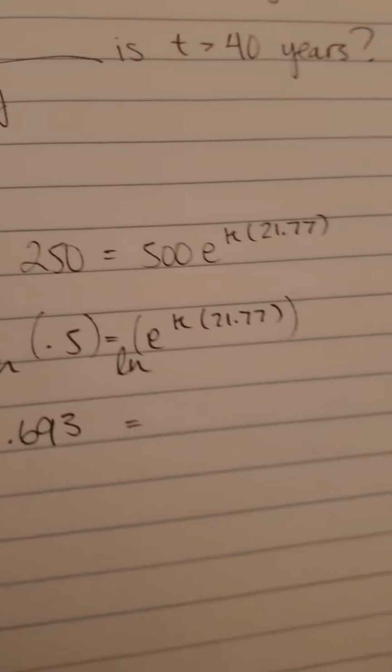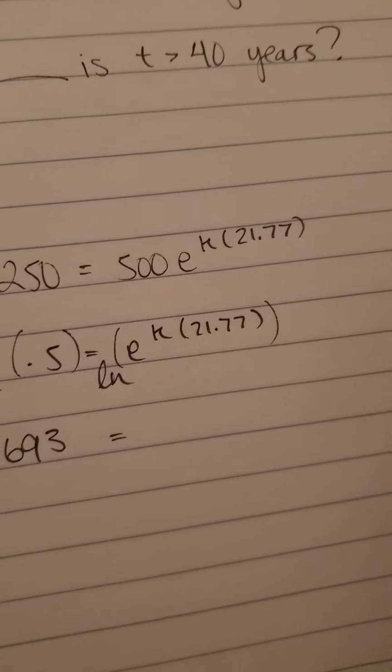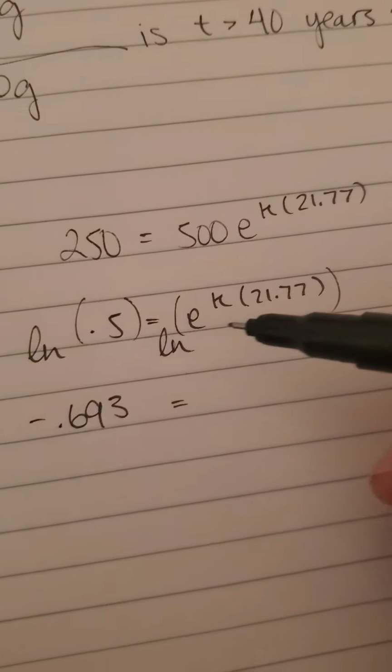ln of 0.5 gives us negative 0.693 stuff equals, and that right there, this right here is going to cancel.